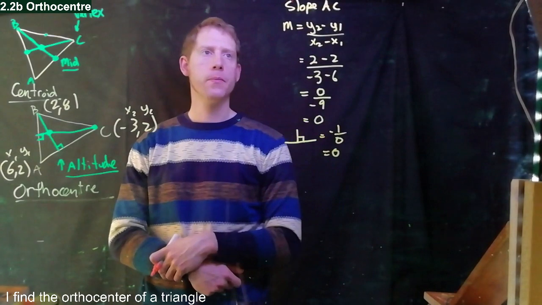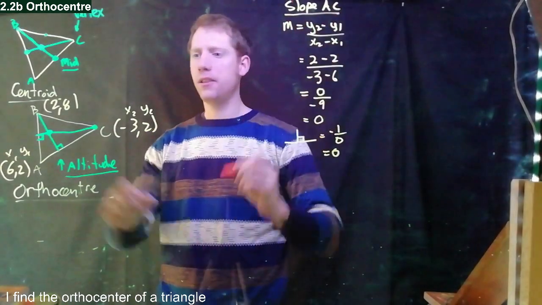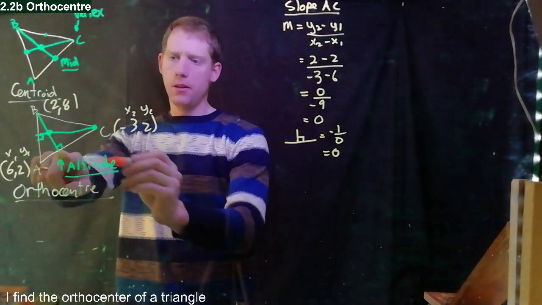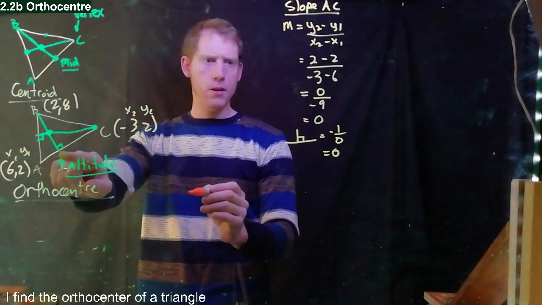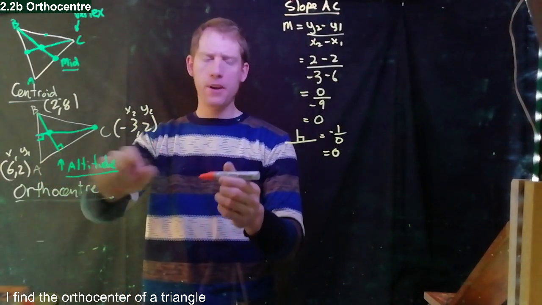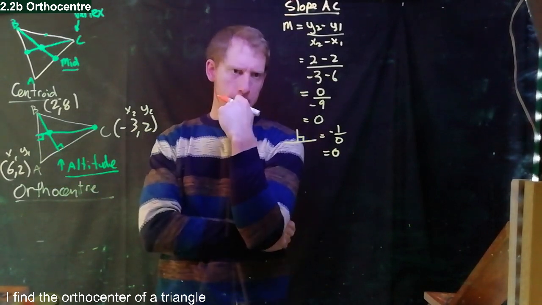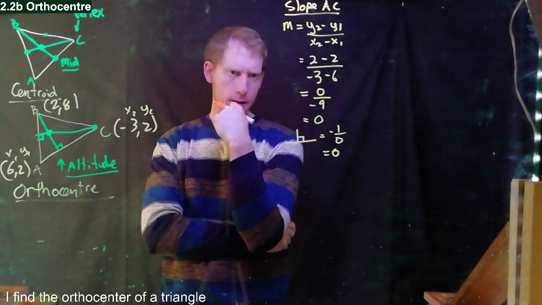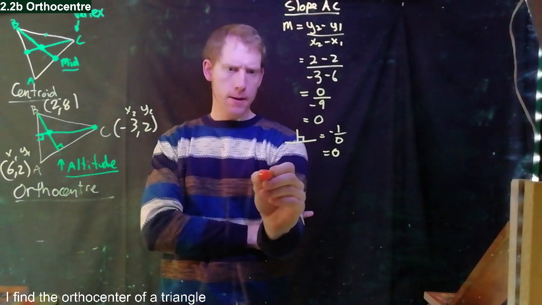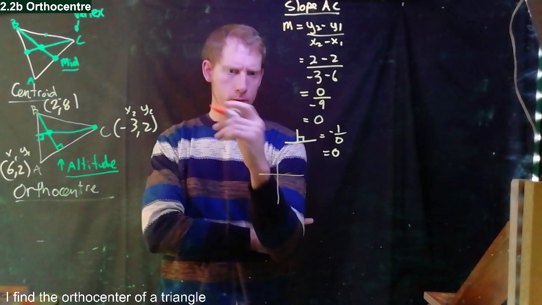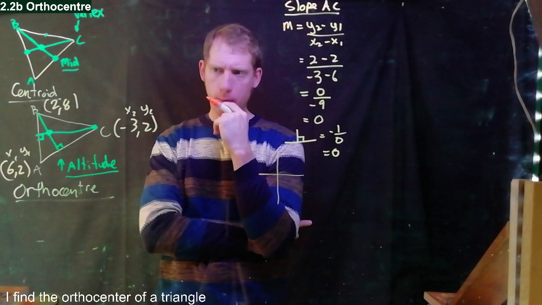Okay? So that's this. The perpendicular slope to that is not going to be, it's going to be equal to one number.